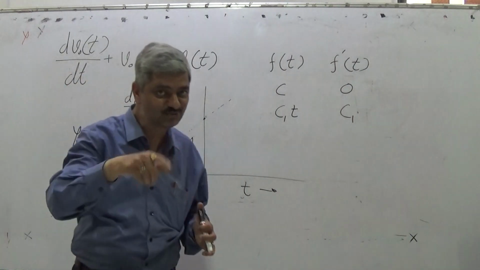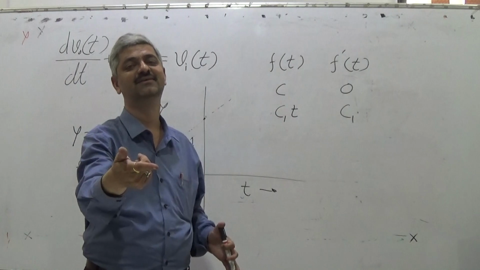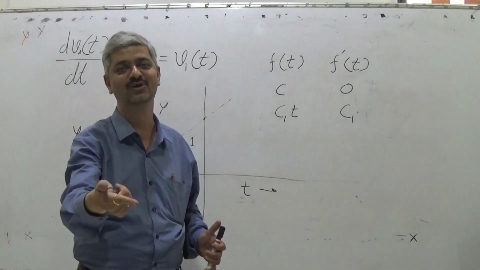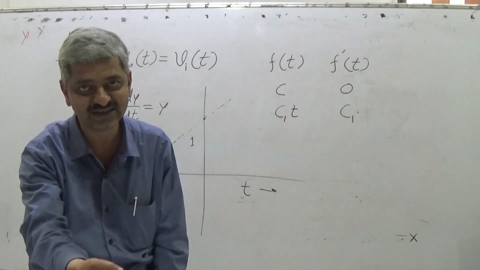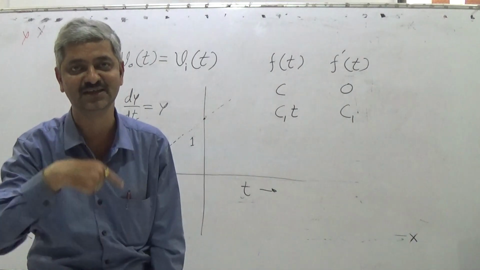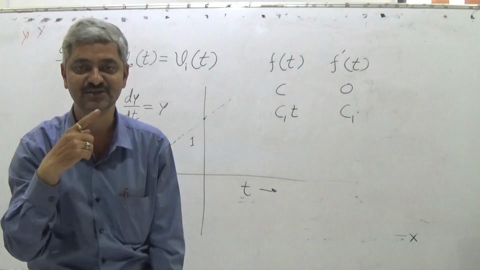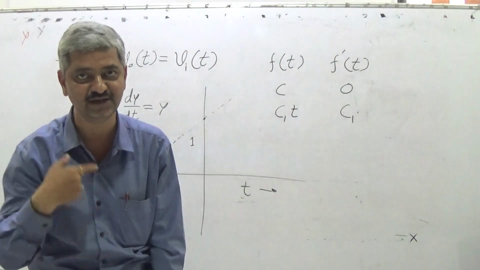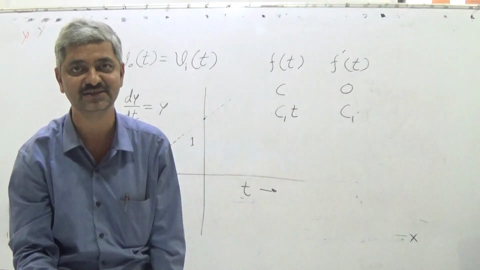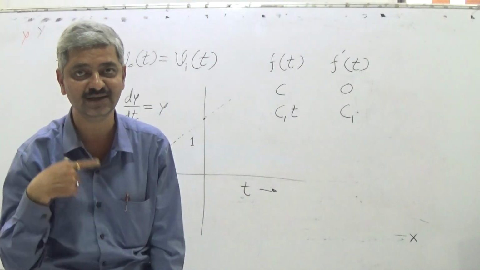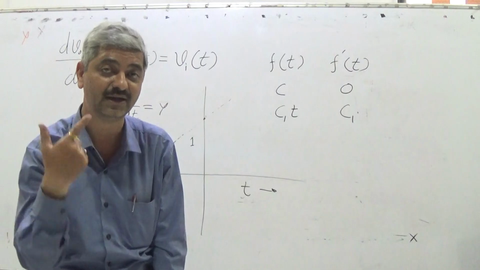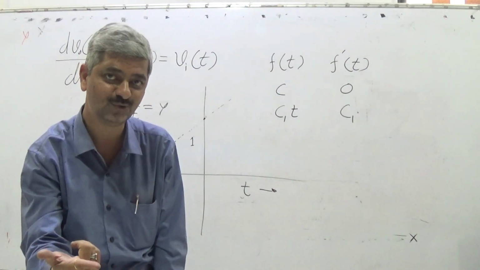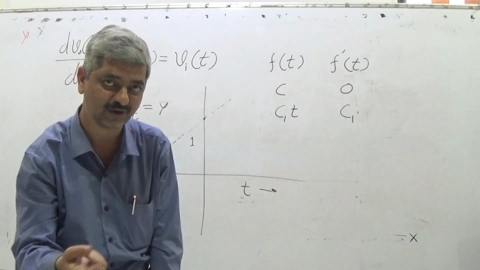As y is more, dy by dt will also be more. So slope will increase, and slope will continue to increase forever.